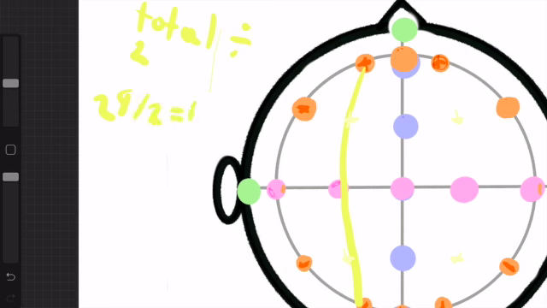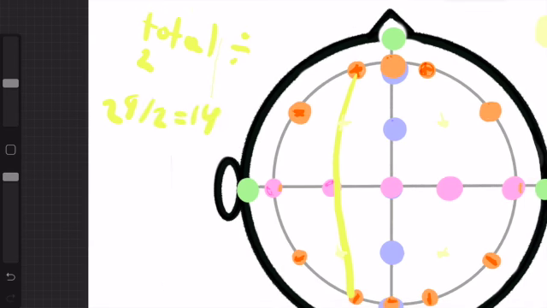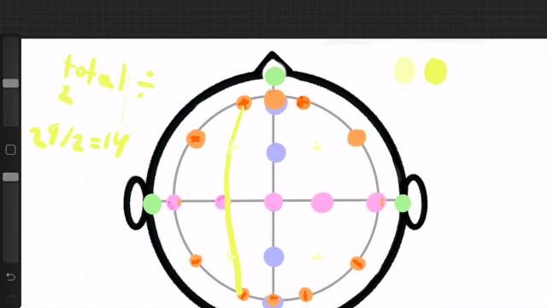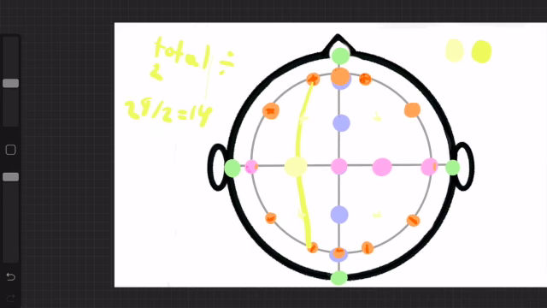First let's find the true C3. We're going to measure from prefrontal 1 to O1. I got 28. Divide that by 2, 14, which is the true C3. Now we're going to take 14 and divide by 2, and that is going to be F3 at 7 centimeters.